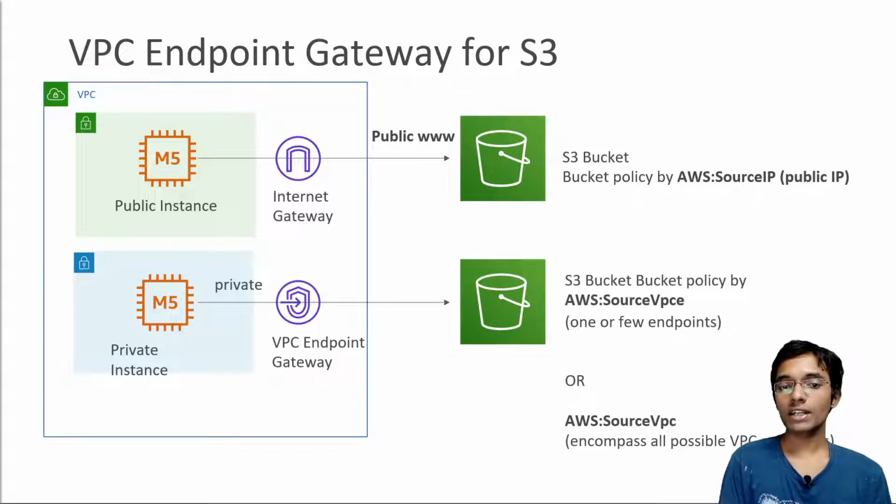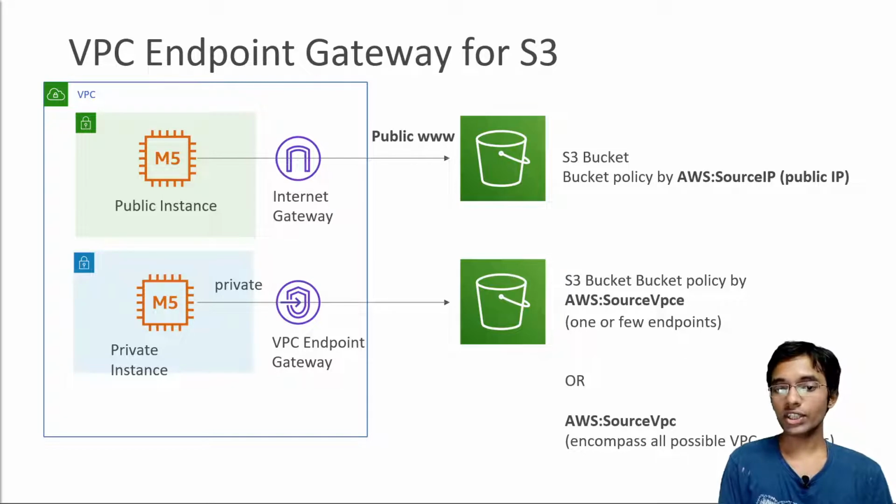Now the S3 bucket has public access, and therefore you need to go through an internet gateway for the EC2 instance to get a public IP. So you go through the internet gateway and then get access through the public internet to the S3 bucket.